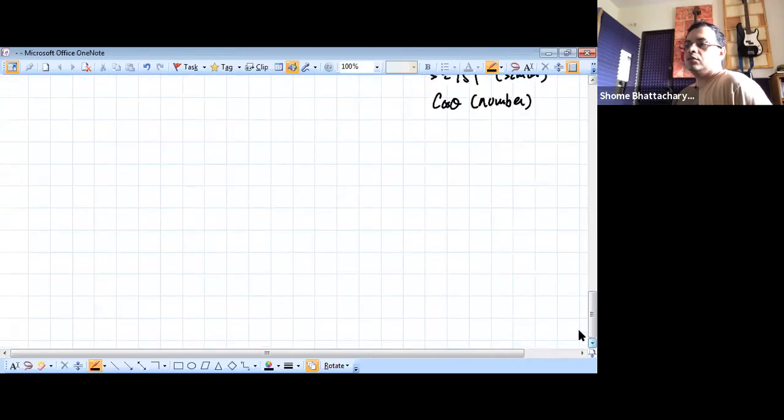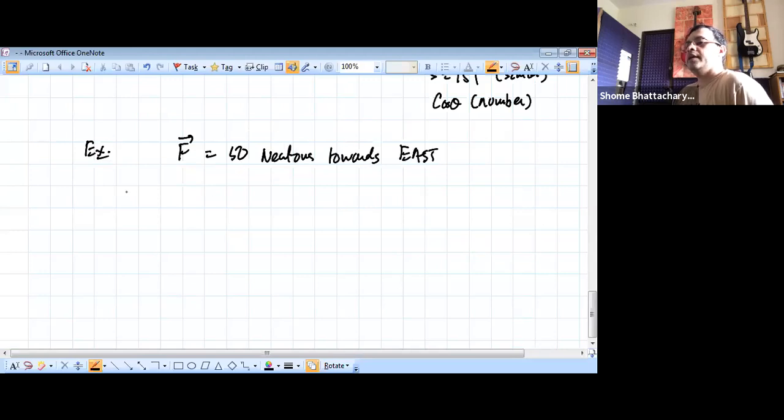Okay. So just as an example, suppose we have a force of let's say 50 newtons towards east. This force is acting towards east, and it creates a displacement of, let's say, whatever, 20 meters towards northeast.